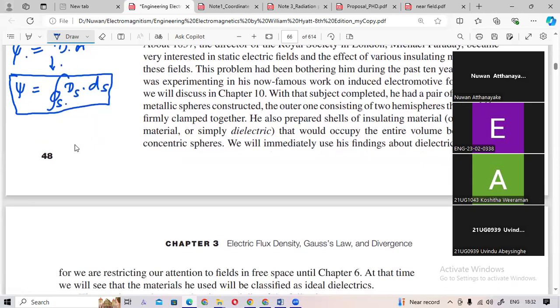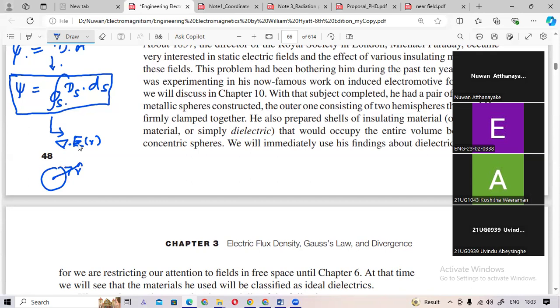There is another format for Gauss's law that is using the vector divergence operator. This is called del. Del dot E, if we take a dot product with the vector E field. This R refers to the direction, the R direction.